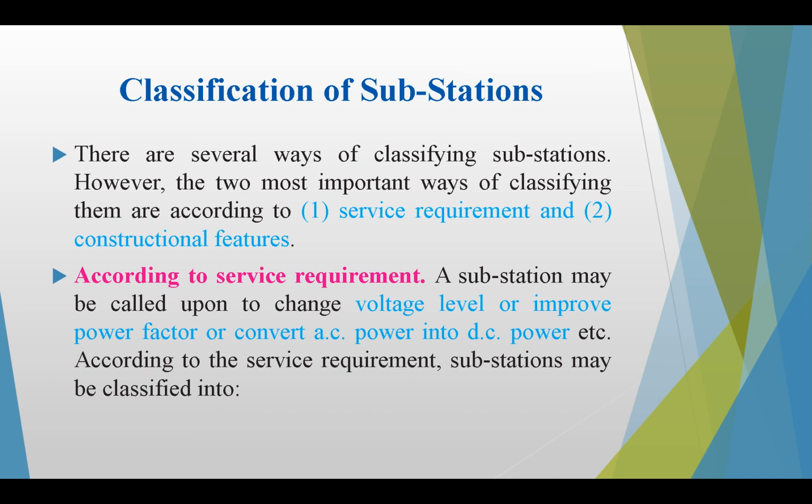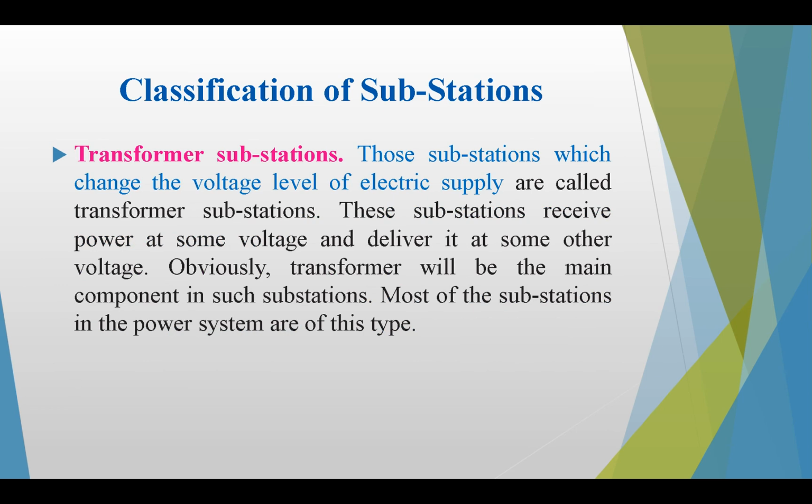As we defined, a substation changes some parameter of the supply. So a substation may be called upon to change a voltage level, or improve power factor, or convert AC power into DC power. So according to the service requirement, substation may be classified into: the first one is the transformer substation.